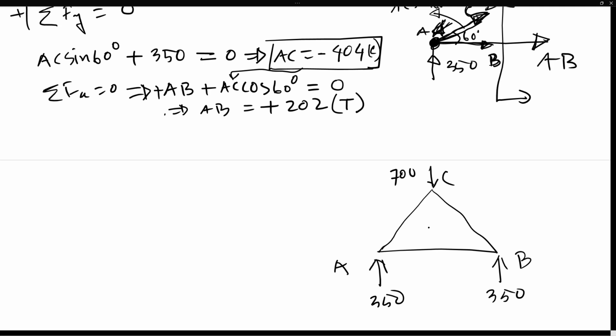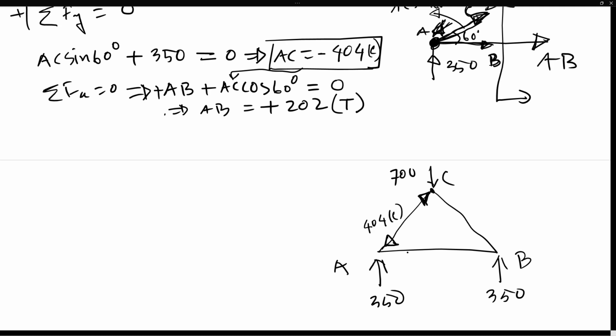So these are the reactions, and the internal force in the AC member is compression, which is acting toward C. So that's going to be 404 compression. And here you draw it in this direction, because like I said, if a point is being pressed, then it indicates compression. So you have to have a direction right here into C.